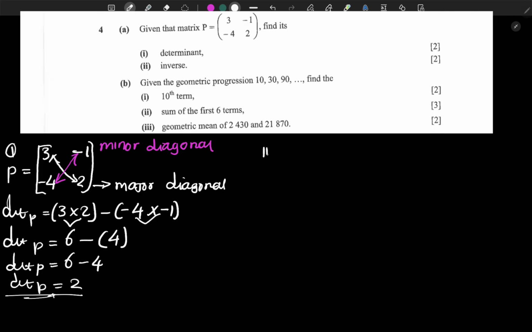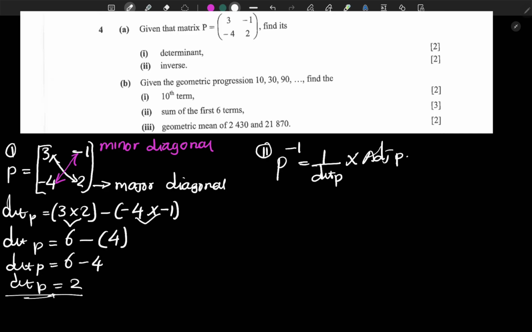Then for number 2, we are told to find the inverse. So we need to come up with what we call the formula. So inverse of a matrix, which is P, you raise it to the power -1, is equal to 1 divided by the determinant of P multiplied by the adjoint of matrix P. So the determinant is given.